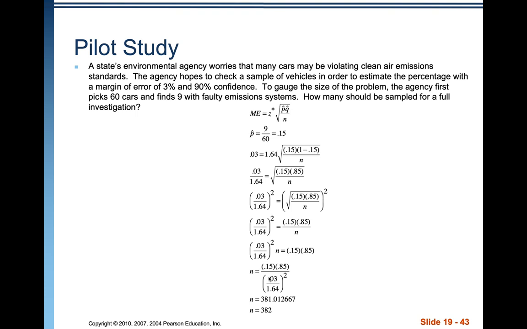Now, if we were rounding, we'd put 381, but we're not going to round. We're always going to go up to the next value for n if there's any fraction over to the side. Okay, and that's because you want a specific margin of error. And if we did 381, it would be a tiny bit larger. So we're going to do 382.